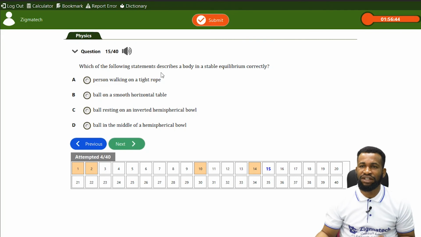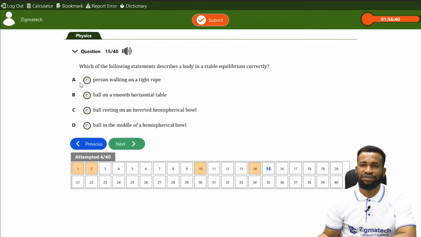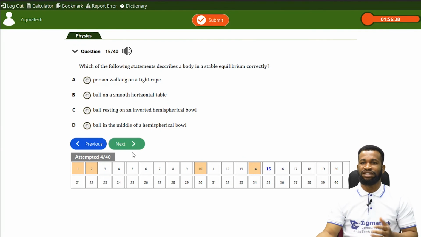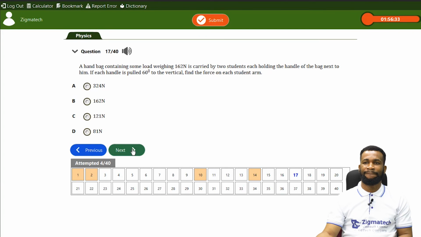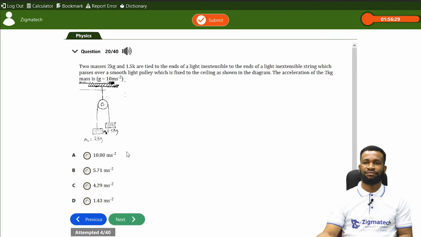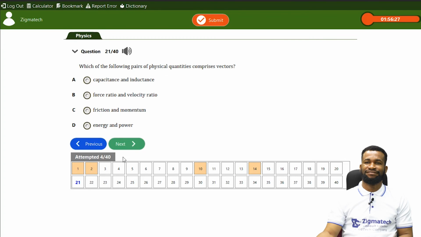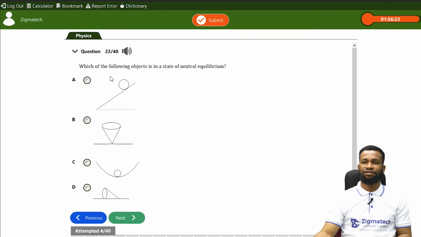Which of the following statements describes a body in a stable equilibrium? A person walking on, okay, we've taken this one before. Another question: which of the following objects is in a state of neutral equilibrium?